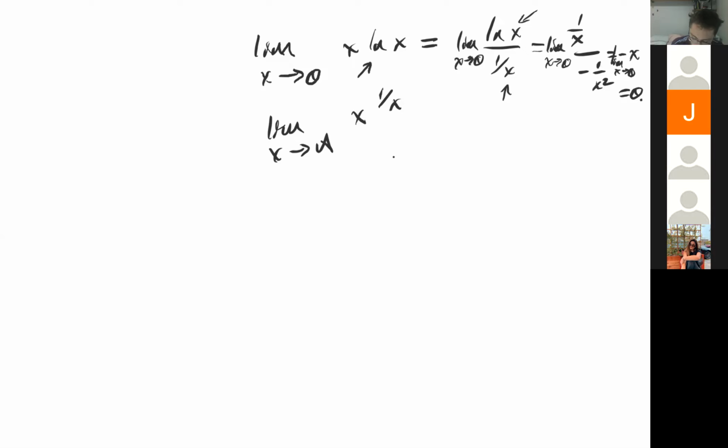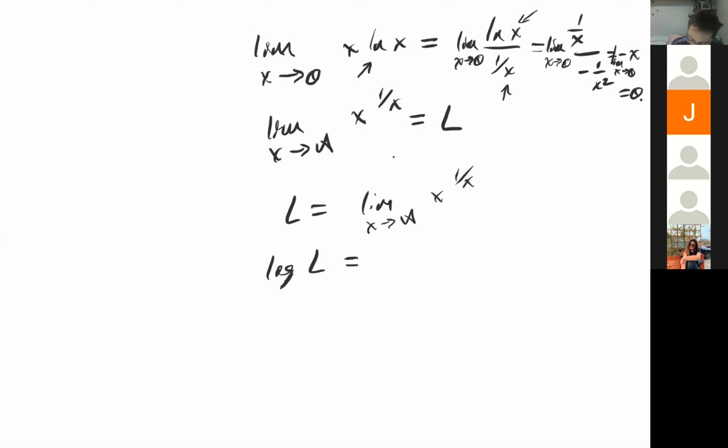So for the second one, again, there's not really an immediate way that I see to apply L'Hopital's rule. So let's call this limit L, and then we'll say L is equal to, of course, lim x goes to infinity, x to the 1 over x, and then we can take log on both sides.